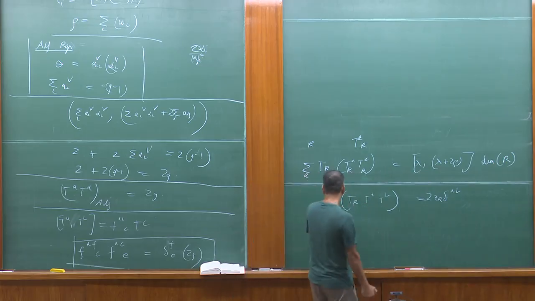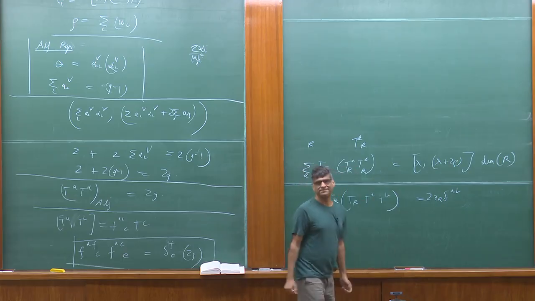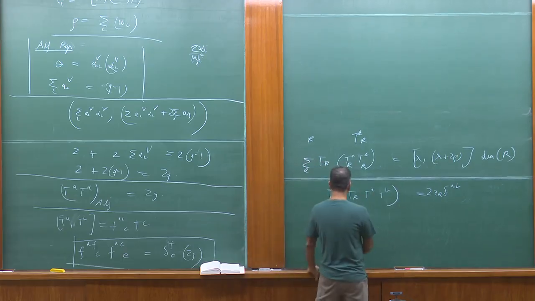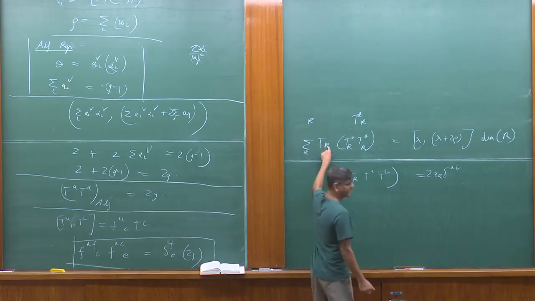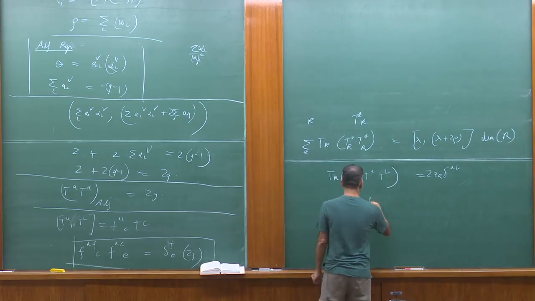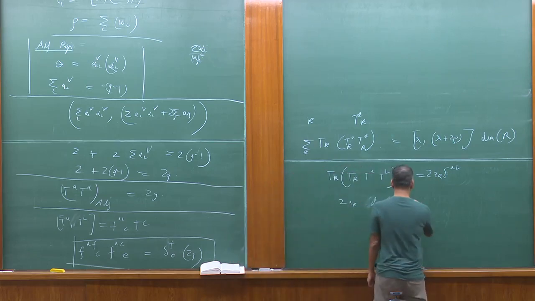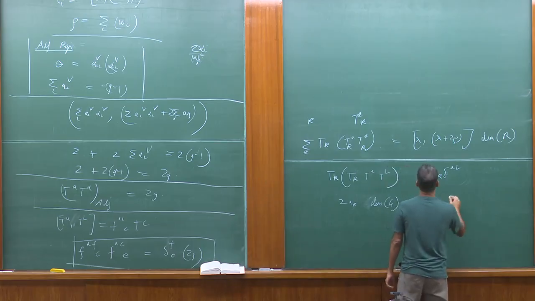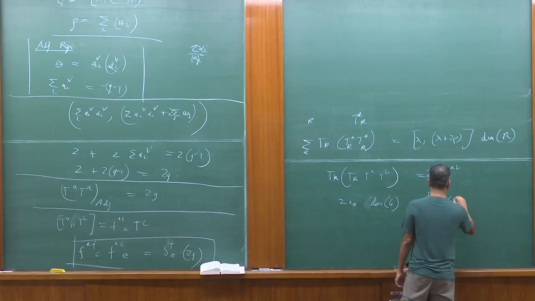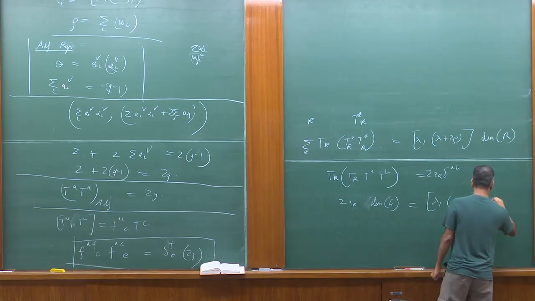What we do here is just set A equals B and sum over all A. Then that quantity gives us 2 X_R times the dimension of the group, which is equal to lambda times lambda plus 2 rho, times the dimension of the representation.